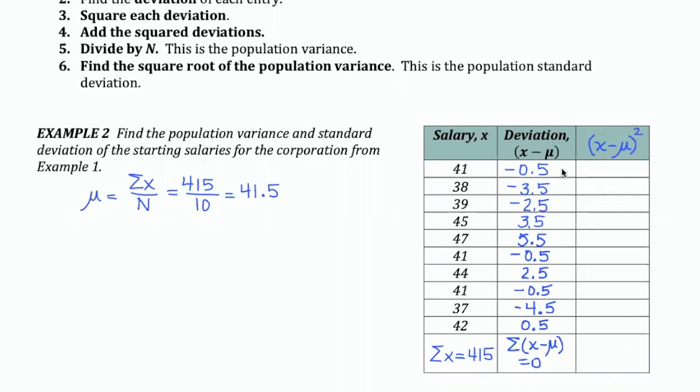So in other words, to get the first value, I'm going to take this negative 0.5, I'm going to square it and put the result over here. That will end up being, and again, all these numbers should turn positive because a negative times a negative is positive. So my first value will be 0.25. I'm going to go ahead and go down this column, squaring every single entry.